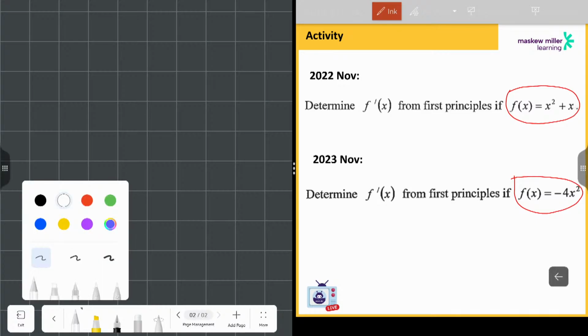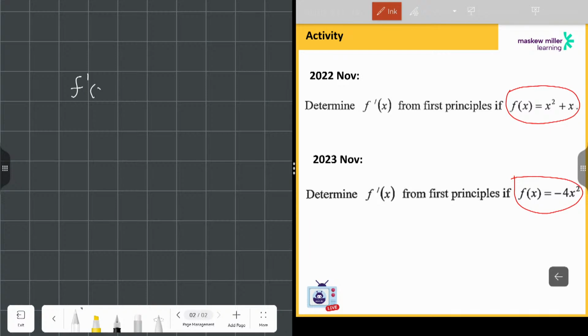If they ask you to use first principle or the definition to answer the question or to determine the first derivative, what you do is you just copy the formula first. That is your first rule. Copy your formula first, and then you make sure that you have the formula. Remember, the equal sign comes before the limit.